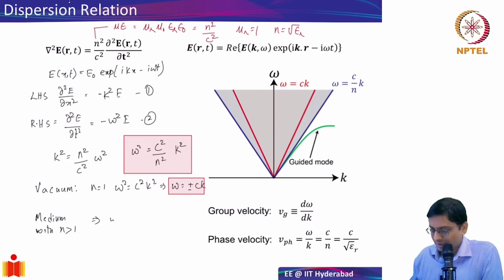Basically omega is now plus or minus c by n times k. So if you have a medium with a higher index, then the slope changes. That's why I'm depicting, let's say, a refractive index of 1.5 with the blue line. So for these two media, the dispersion relation changes.